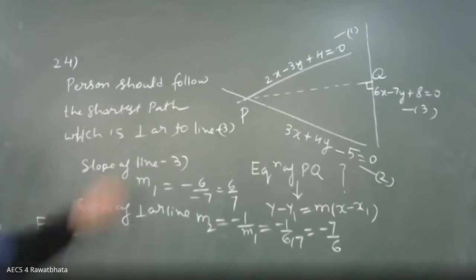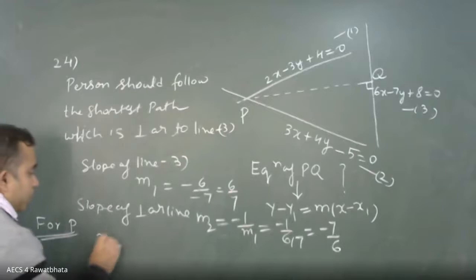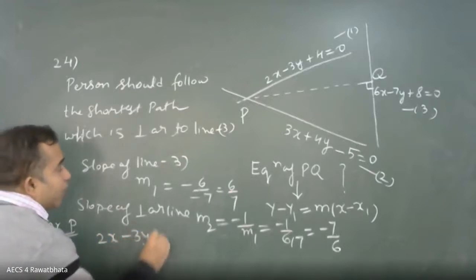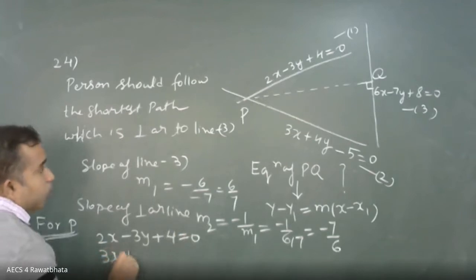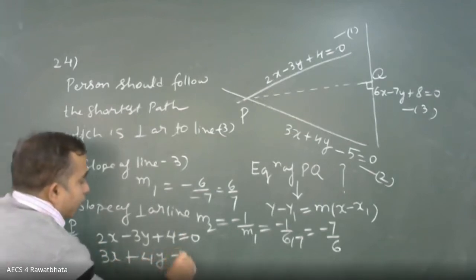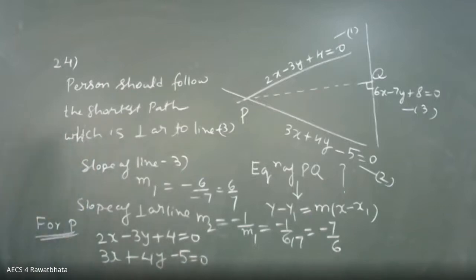For P, I have to solve these two equations: 2x minus 3y plus 4 equal to 0, and the other one is 3x plus 4y minus 5 equal to 0. I think I have to multiply.